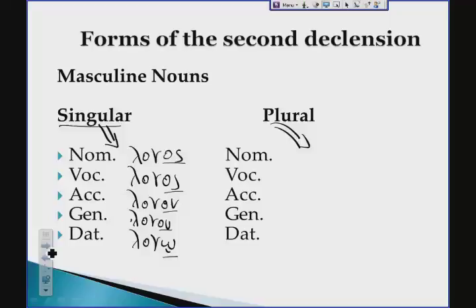Okay? Good. And then logoi. Logus. Is it loge? Just check. Still logoi.